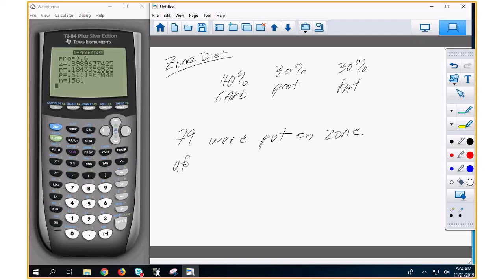After a year, after 12 months, the mean weight loss, so that would be x bar, is equal to 1.6 kilograms. Diet's pretty much worthless. Standard deviation of that group was 5.4 kilograms.